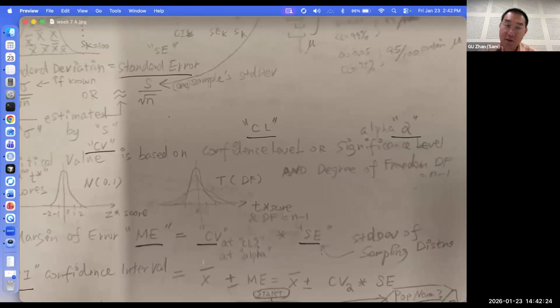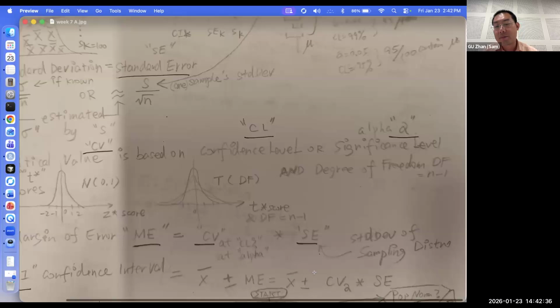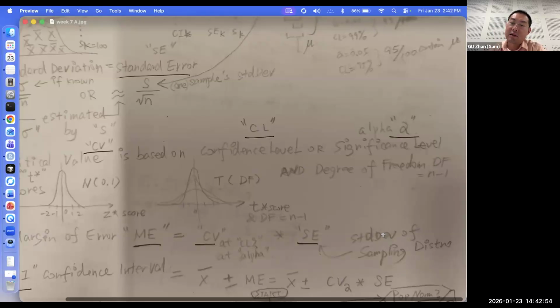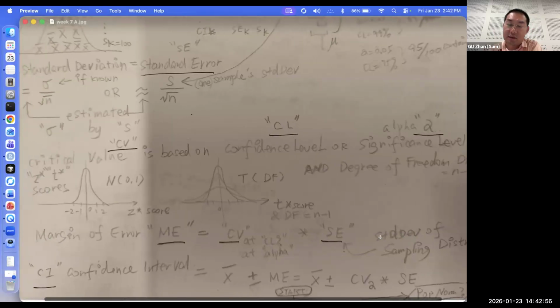If you have one sample of n elements, then sample size n, you calculate one X bar plus minus this margin of error, which is equivalent to X bar plus minus critical value at alpha significance level, or critical value at CL confidence level, P percentage, times the standard error. So this is the magic formula. With that in mind, later we'll look at the examples.